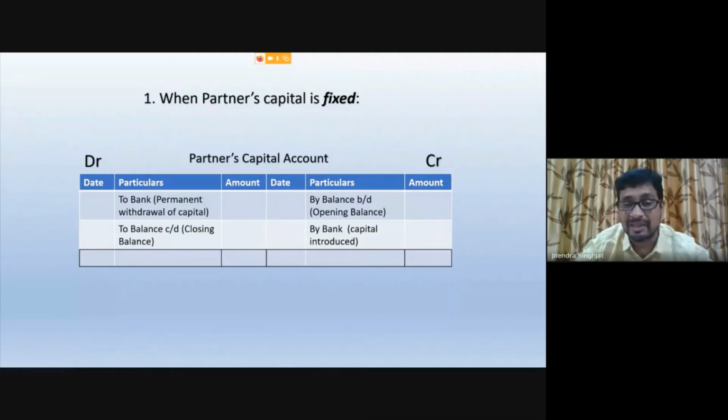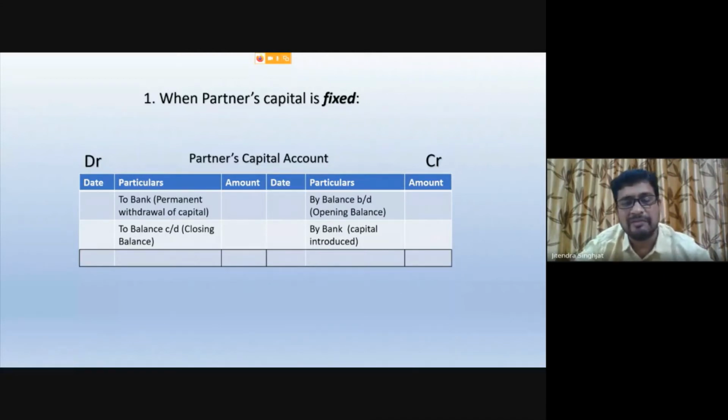What is that? They are getting salary, interest on capital, commission, and profit. Then where do we record all these points? So that is why when partner's capital is fixed, two accounts are maintained. First is partner's capital account, and second is partner's current account.